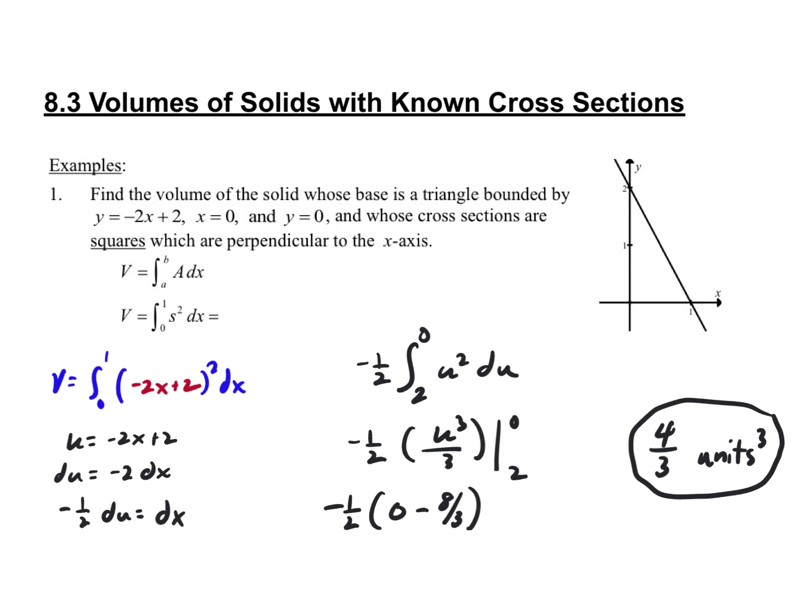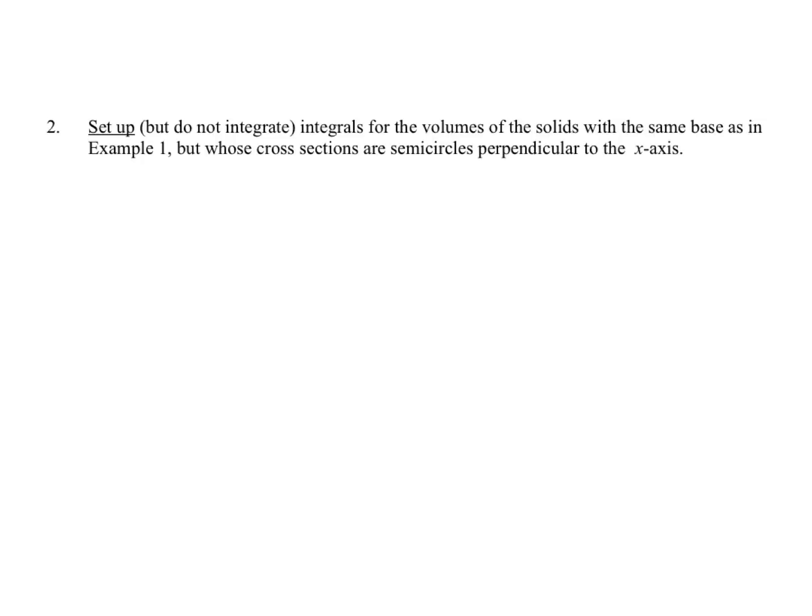All right, next one. Same base, but different cross sections. This one says set up, but do not integrate, so we're not actually going to find the volume. Solid, same base. Cross sections now are semicircles, still perpendicular to the x-axis.